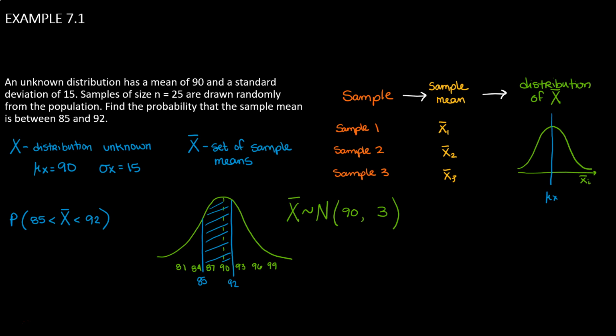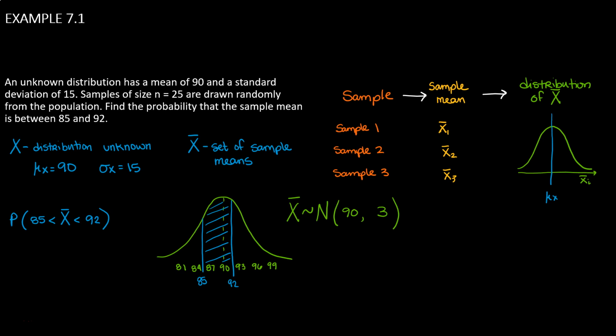To find that area, I don't have a simple formula. I either have to take multiple semesters of calculus, read a table, or use a calculator that's able to calculate that area numerically. I'm going to show you how to find the z-scores, so that way if you had to use a table you could, but also I'm going to use a calculator to determine this area.